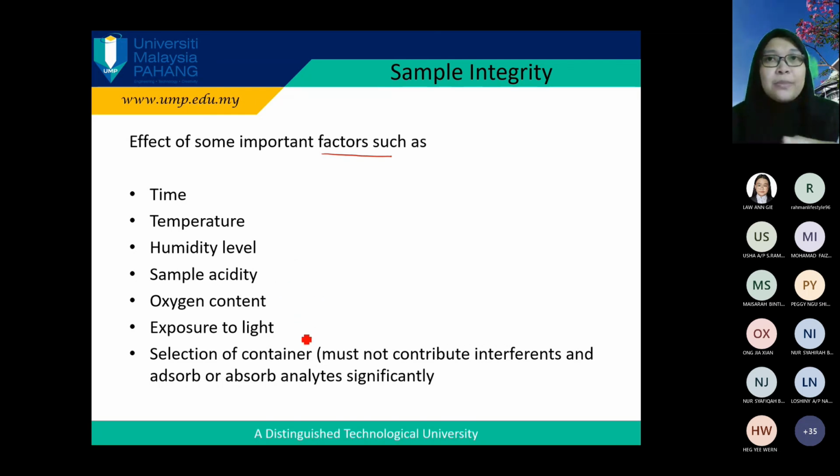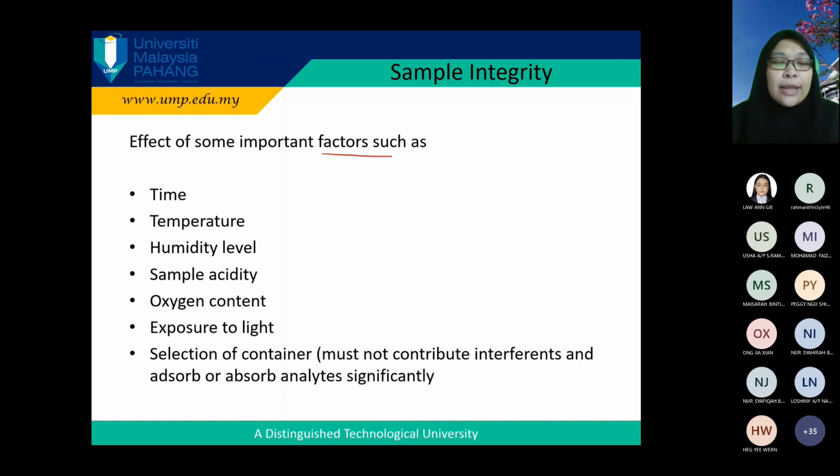Some sample cannot be directly exposed to light, so you need to use a special container. Kalau you perasan kita ada macam-macam jenis botol container kan. Ada yang colourless, ada yang brown in colour. So that brown in colour is to be used by sample which is sensitive to light. Dia mudah degrade kalau kena cahaya. So kita guna brown bottle.